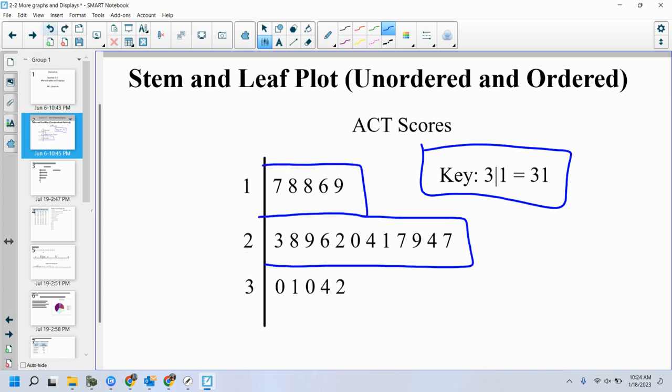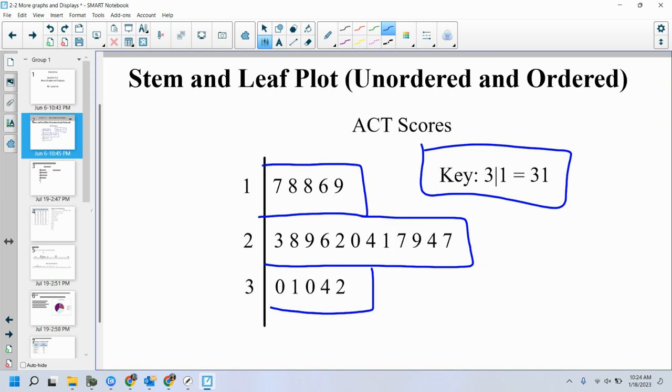Right? We can still see the trend in the data, where most of my data falls in the middle there, right? This almost has like a bell-shaped curve to it, right? Most of the data falls in the middle there. So a stem and leaf plot shows you trend, but also shows you individual scores as well.